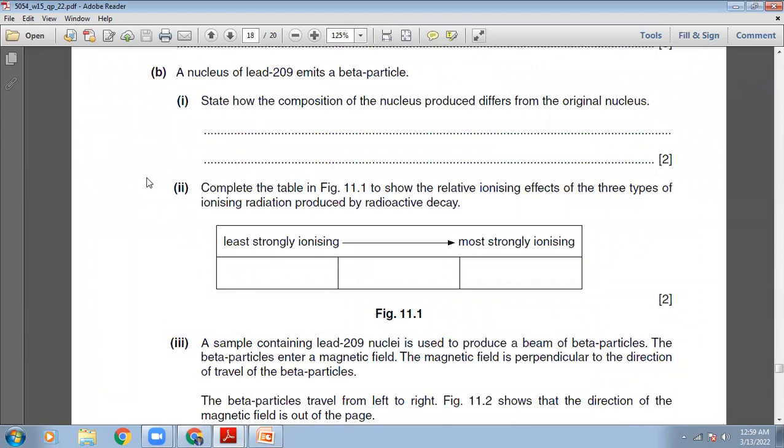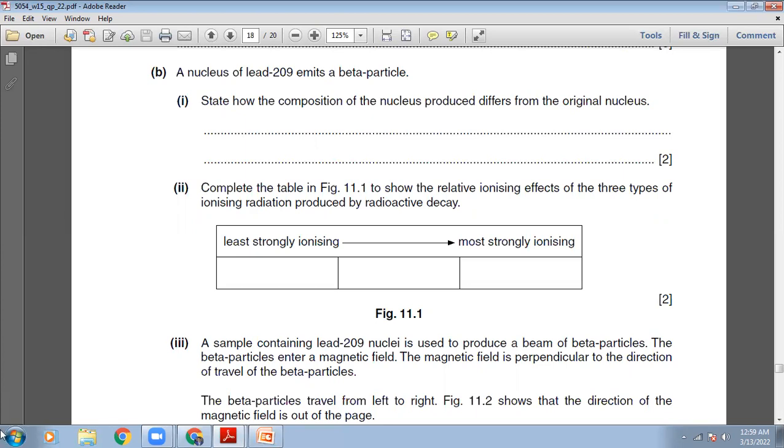A nucleus of lead-209 emits a beta particle. State how the composition of the nucleus produced differs from the original nucleus. Whenever a beta particle is given out, the daughter nucleus has one proton more, so its proton number increases by one, and its nucleon number does not change. Because the proton number has increased, the neutron number will decrease by one.